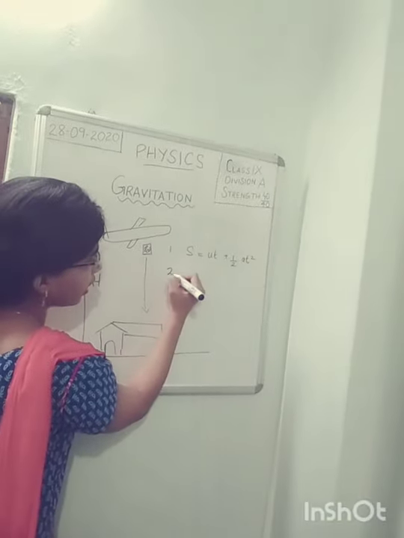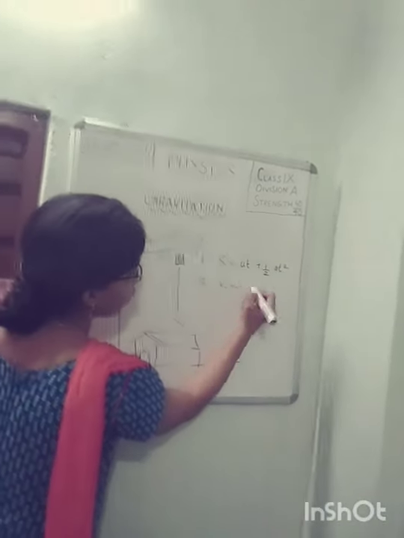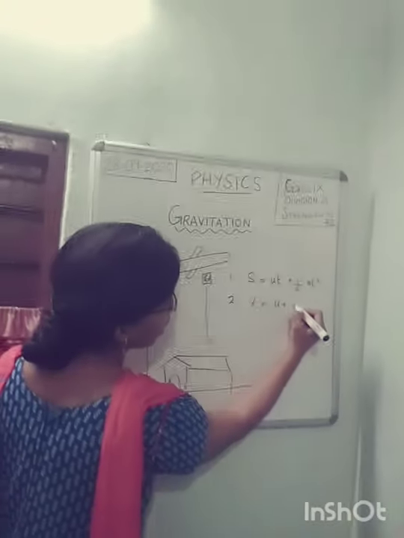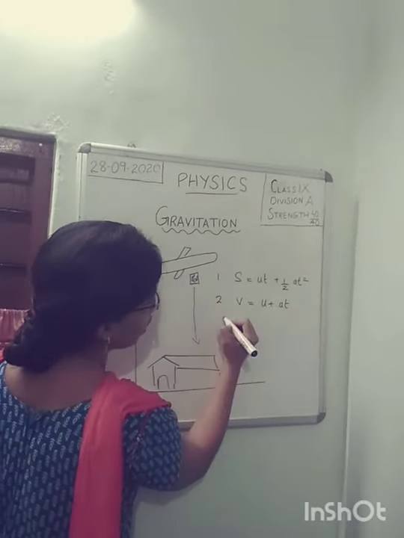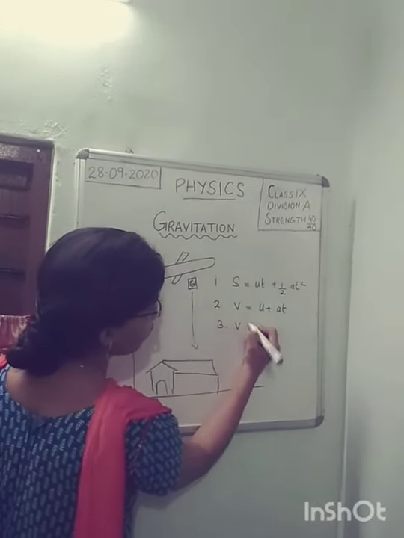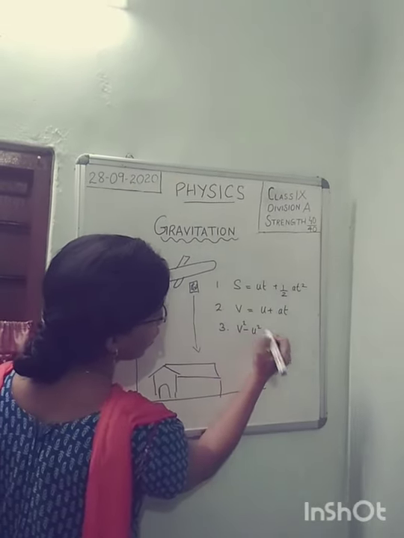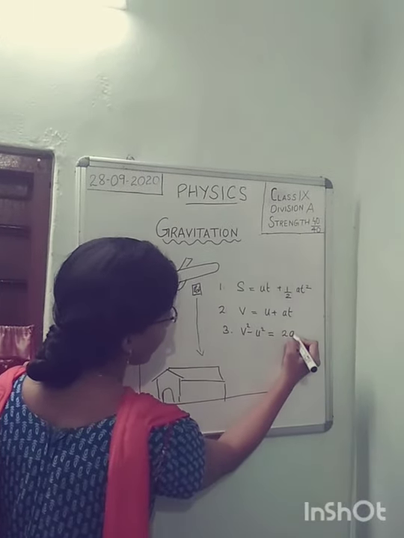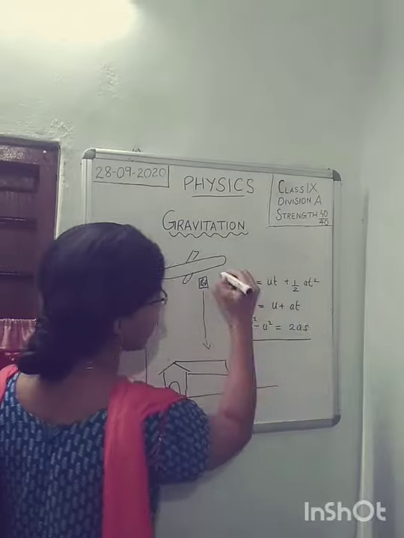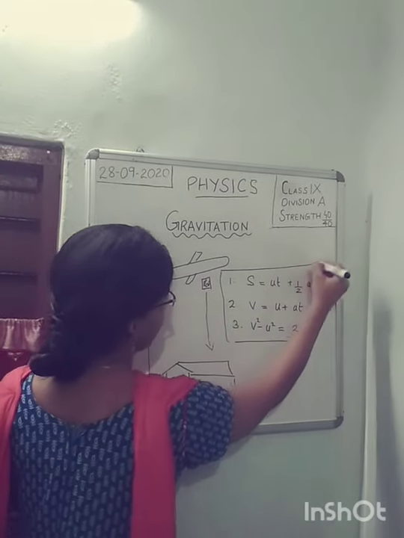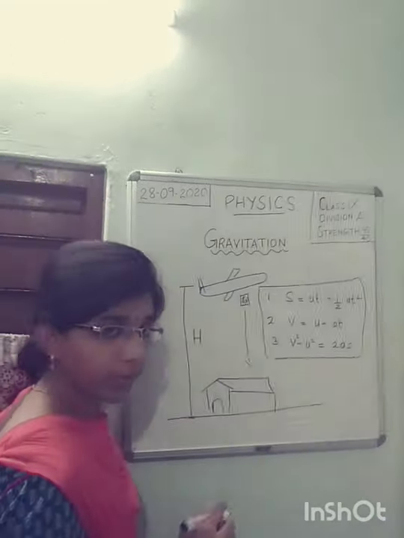Then we learned v equal to u plus at. And then we learned v square minus u square equal to 2as. Do you remember these equations of motion? Yes, this is the first clue for you.